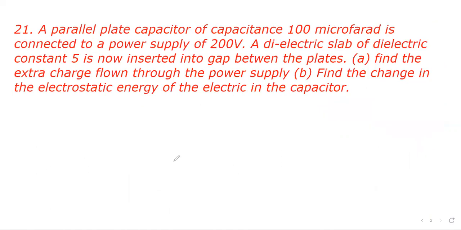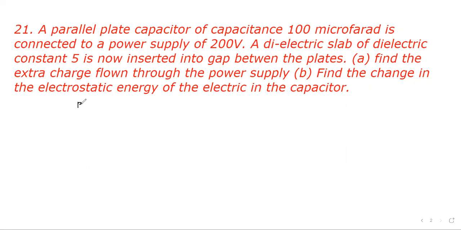Consider the next question. A parallel plate capacitor of capacitance 100 microfarad is connected to a power supply of 200 volt. A dielectric slab of dielectric constant 5 is now inserted into the gap between the plates. Find the extra charge flowing through the power supply and find the change in the electrostatic energy of the electric field in the capacitor.